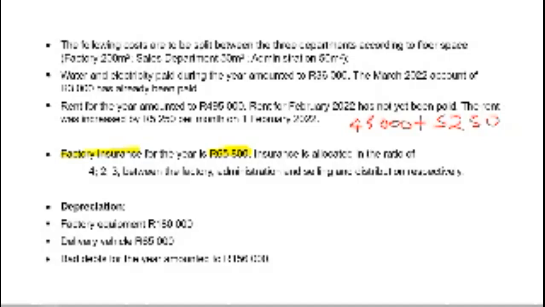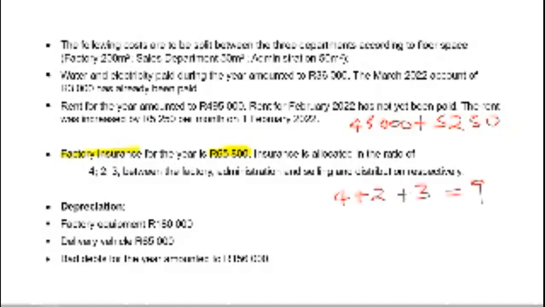So you will simply take the 4, add it with the 2 to get the total ratio, and add it with the 3. And that will give us 9. So the total will be 9.